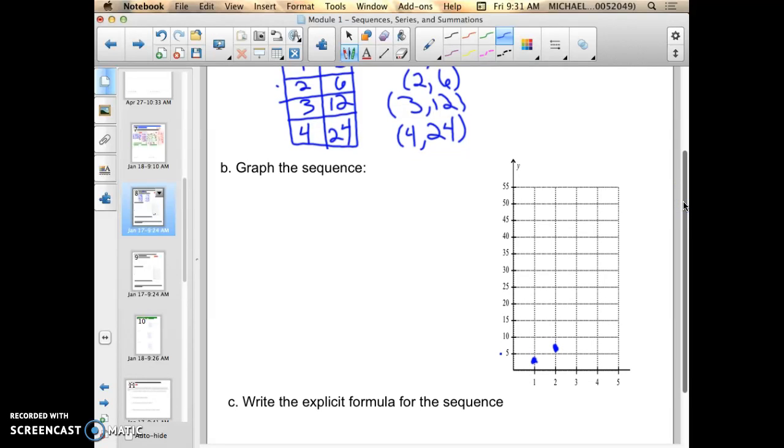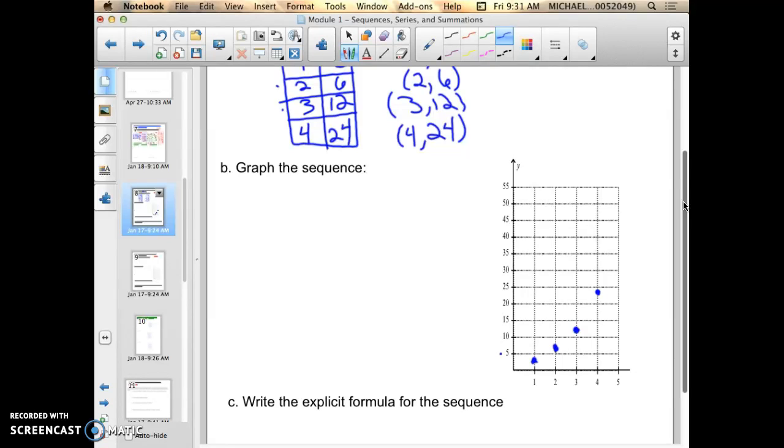Then 3, 12. X value of 3, y value of 12. Over to 3, up to 12, which is right about there. And then finally, 4, 24. Over to 4, up to 24, which is right below 25.